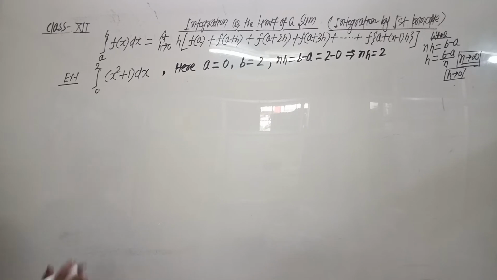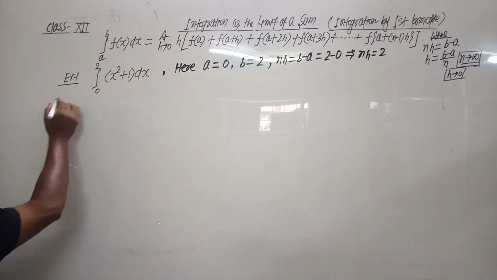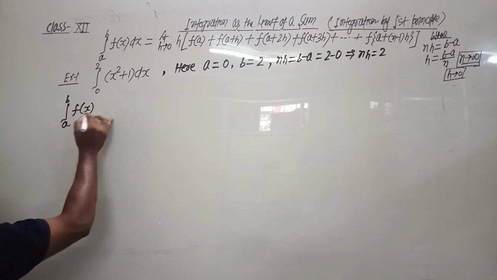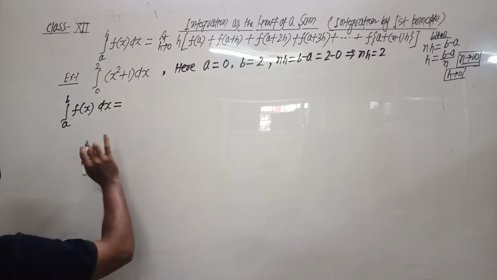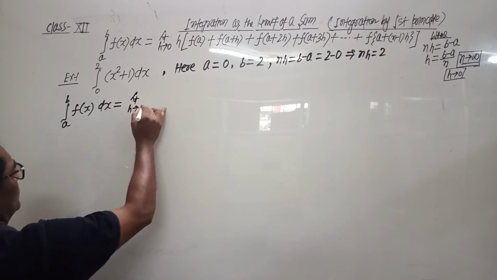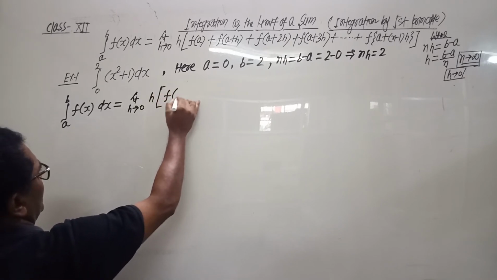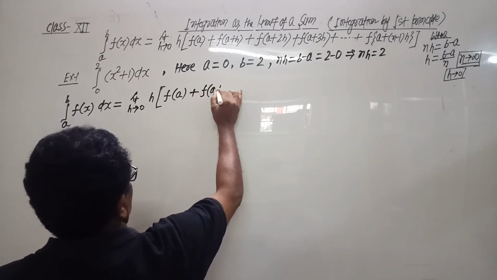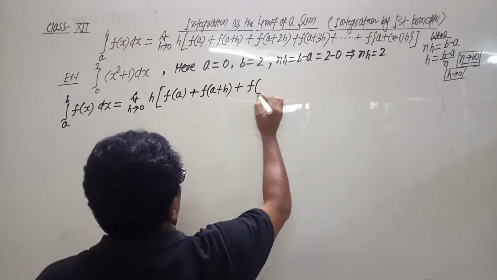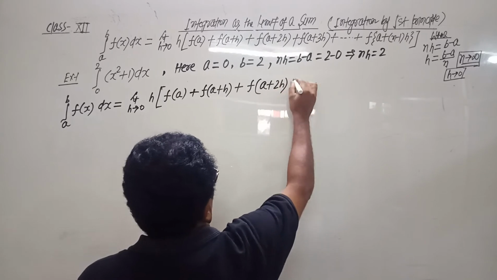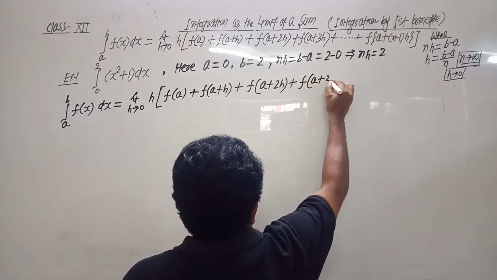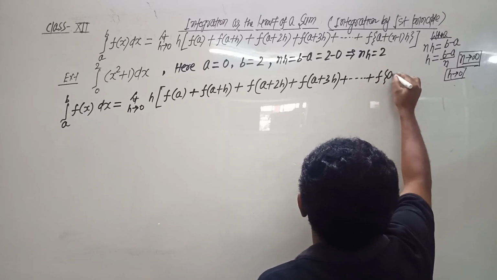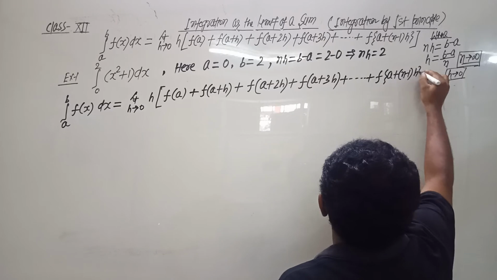Then we write the formula: integration a to b f of x dx equals limit h tends to 0, h times f of a plus f of a plus h plus f of a plus 2h plus f of a plus 3h plus and so on up to f of a plus n minus 1 into h.